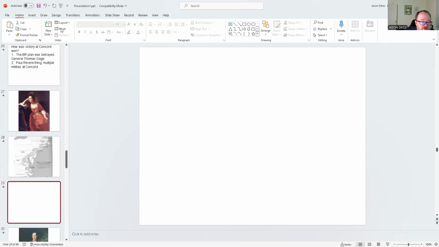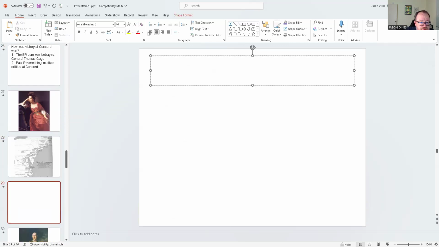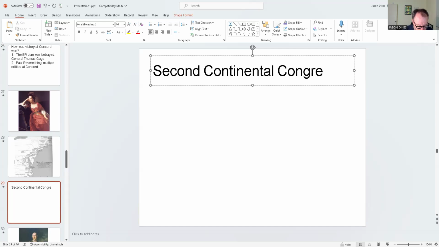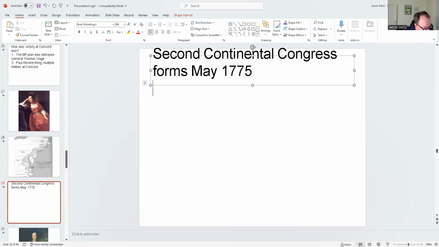There are two reactions to what happens at Concord, Massachusetts. First of all, the Second Continental Congress forms. This is about May of 1775. This will become Congress going forward. Two decisions are made here.